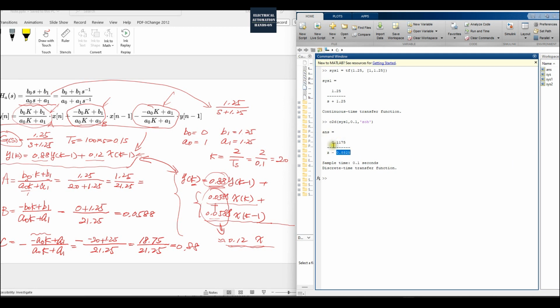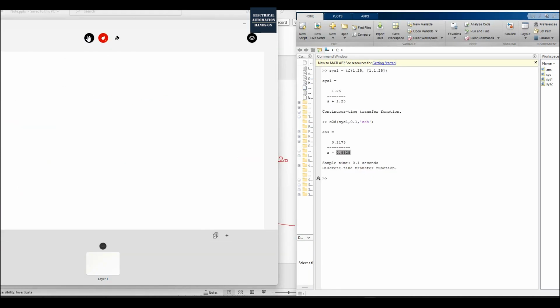Once we have this Z domain equation, we will convert it into the difference equation. It is very easy. Please follow me. So here yz over xz equals 0.1175 over z minus 0.8825, right?